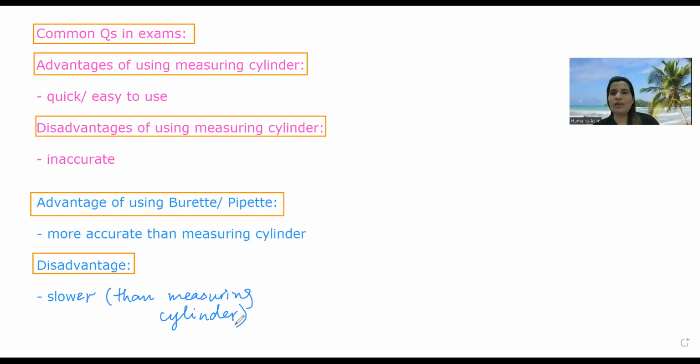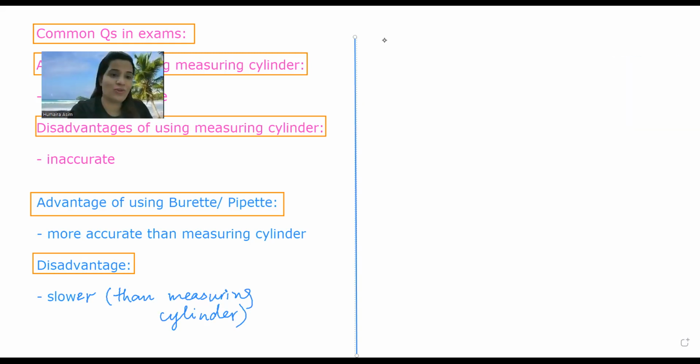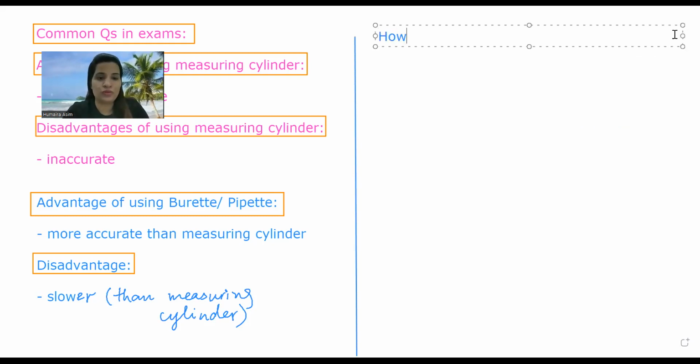Then, other than that, in the exam they might ask you sometimes, in terms of advantage or disadvantage. And sometimes they may also ask you how to improve the experiment, right? This is also a common question.